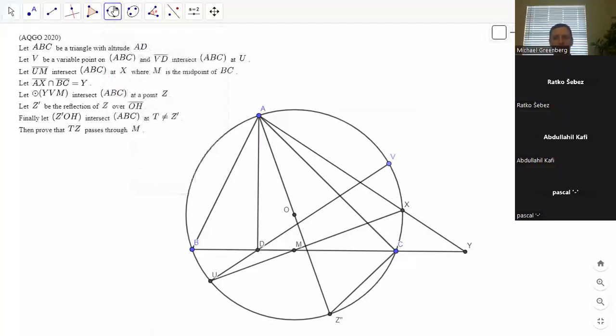All right. We want to show that this is cyclic: YVM Z double prime. And we have a couple spiral similarities.